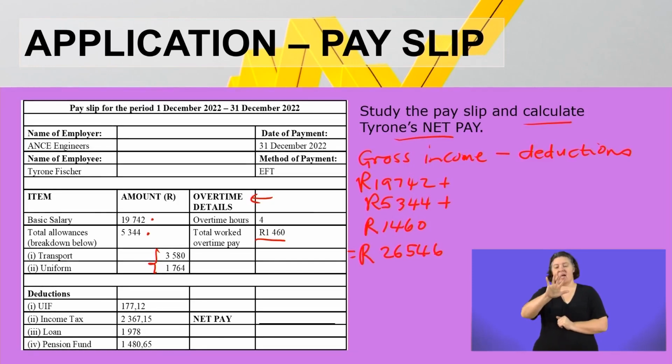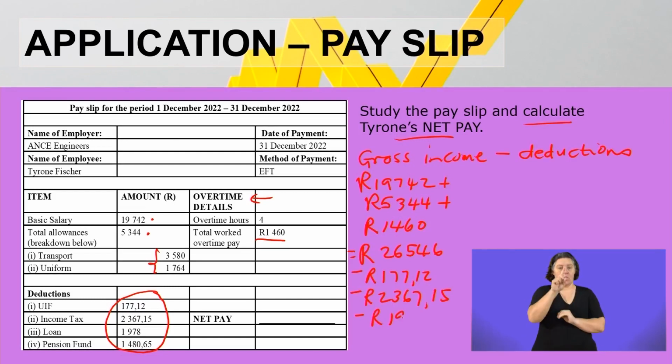Now I look at his deductions. If I look, it's all included here. So now I'm going to take this and say minus deductions of 177 Rand 12 cents, minus 2,367 Rand 15 cents, minus 1,978 Rand, minus 1,480 Rand and 65 cents, to see what he will take home at the end of the month.